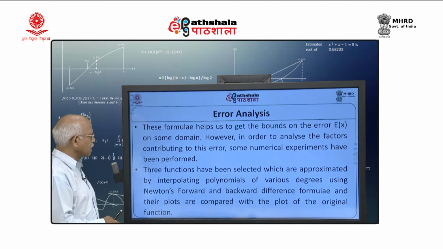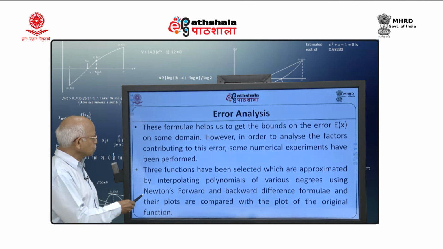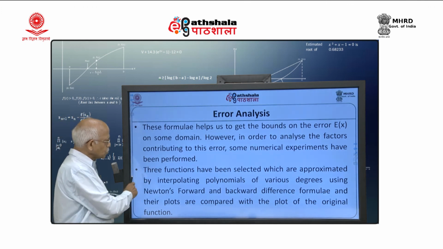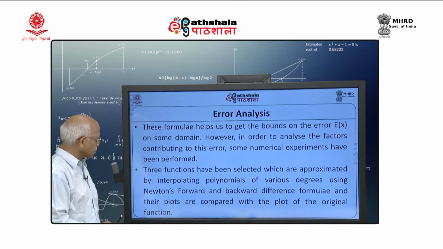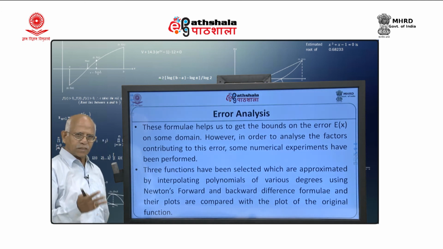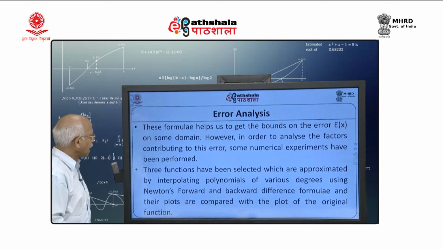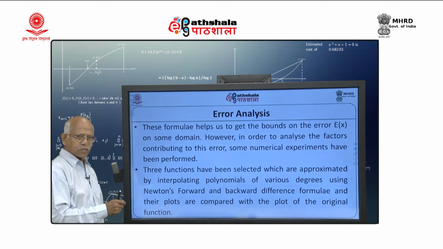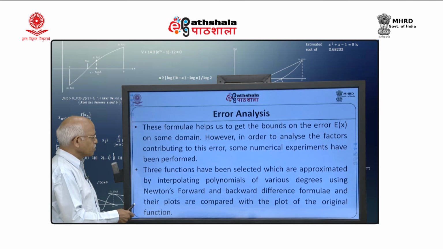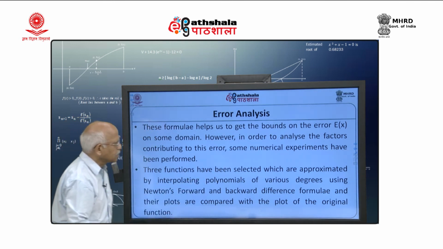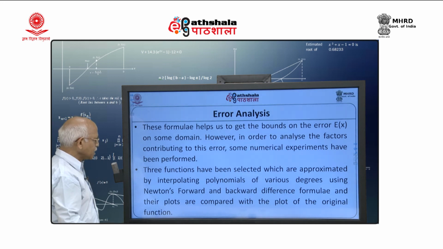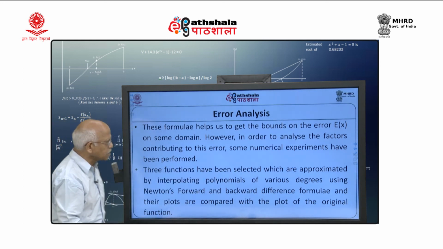In order to know these factors, I am going to perform certain experiments here. I am going to give 3 illustrations, chosen specifically with some purpose, and the 3 functions selected are approximated by interpolating polynomials of various degrees.